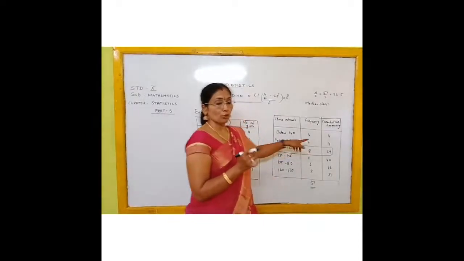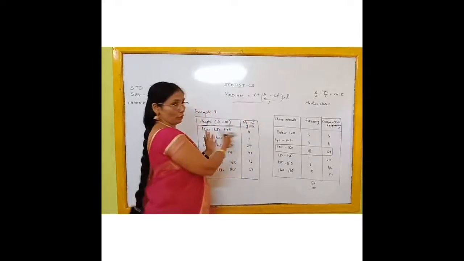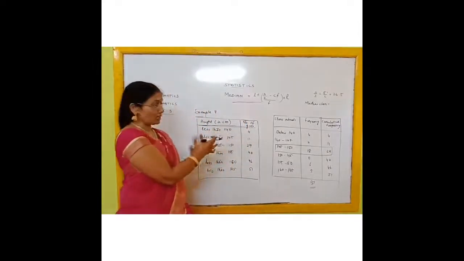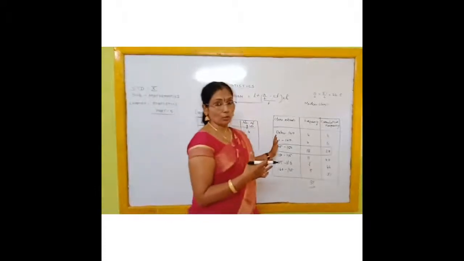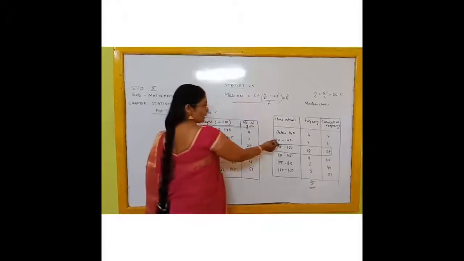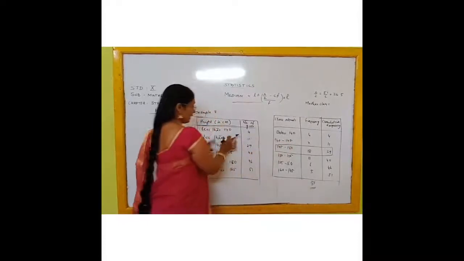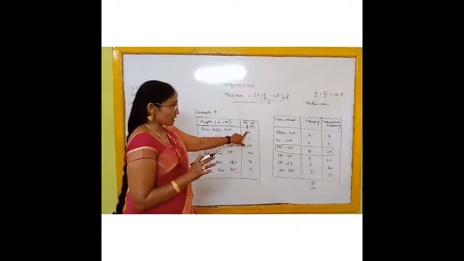Clear for you, children? So here the less than cumulative frequency distribution table is given. You have to find out the frequency and class intervals also. For less than 145, that means the 140 to 145 class, how many students? 11 minus 4, 7 students will be there.